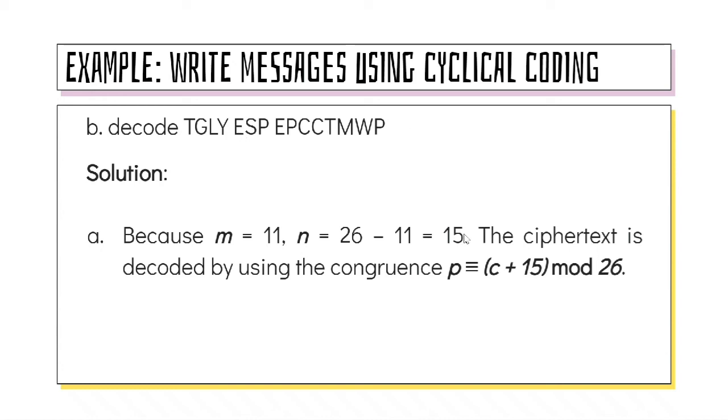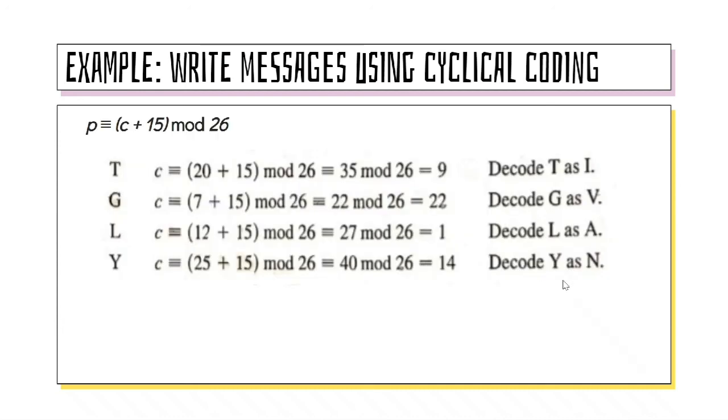And the ciphertext is decoded using the second congruence, from ciphertext to plain text, P is congruent to C plus N. Since N is already 15, we substitute, mod 26. So this is the congruence.